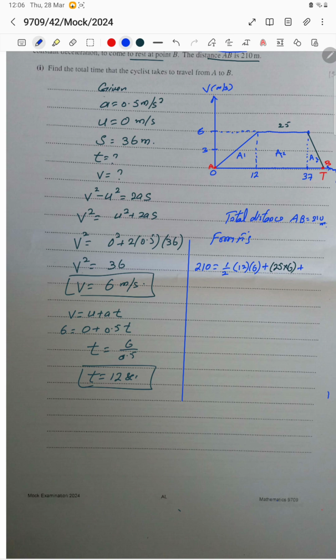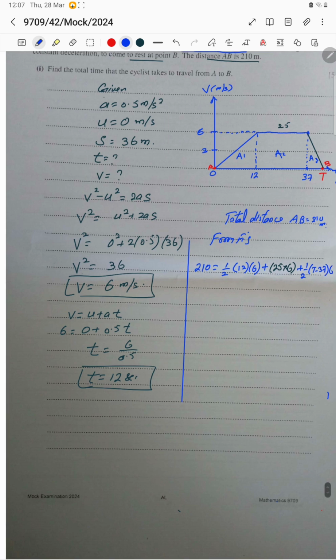A triangle, right angle triangle. So half base is t minus 37 and height is 6. Okay, that comes to be 210.